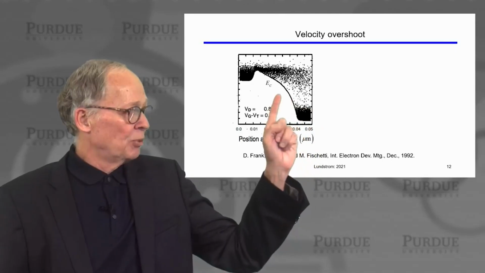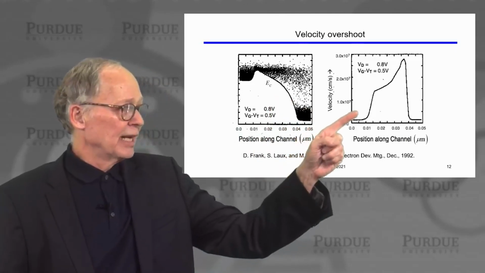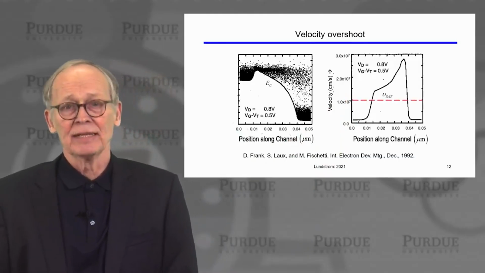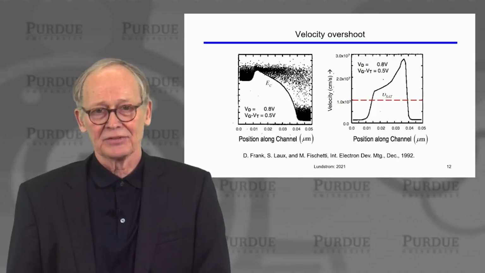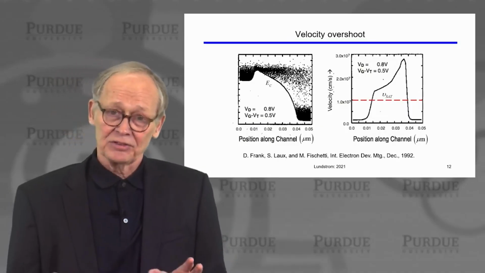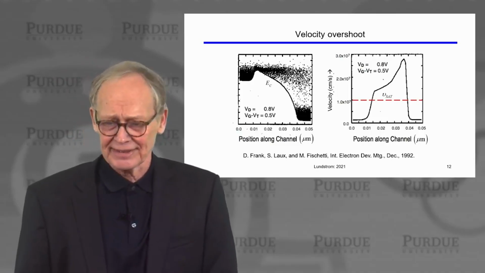If we go at any point and add up the velocity of those electrons, we can plot out the average velocity versus position. And what you see is that the velocity is higher than 10 to the 7th centimeters per second everywhere. So this involves some rather subtle and complex transport physics.